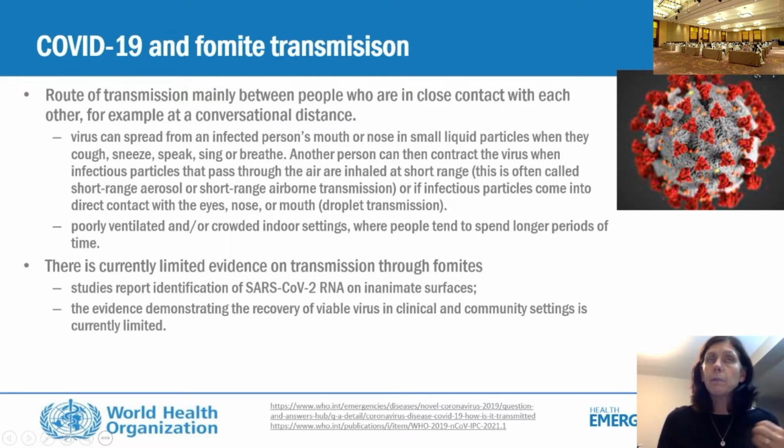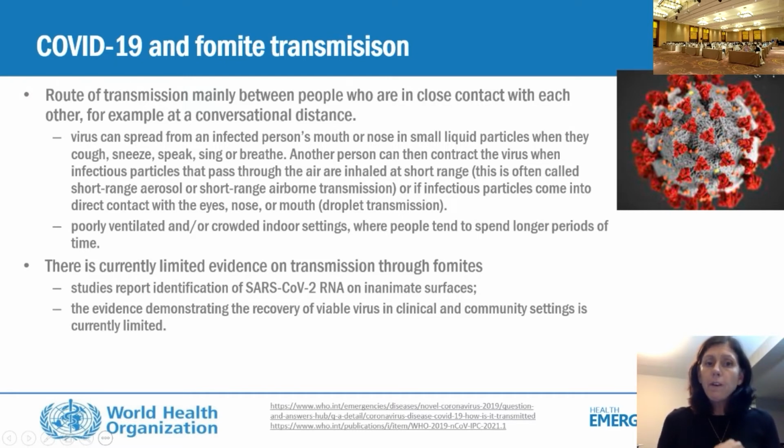And when we cough, sneeze, talk, or breathe, that virus is then spread between two people who are close to one another, especially in a poorly ventilated or crowded indoor setting where we spend a lot of time. But it is worth noting that often in aircraft, when we are in the air moving, there's quite a good ventilation system which can help reduce that transmission.